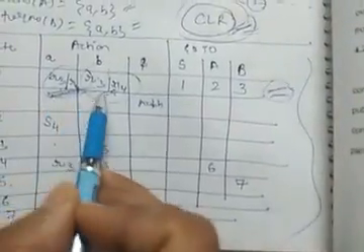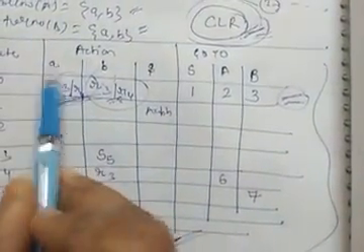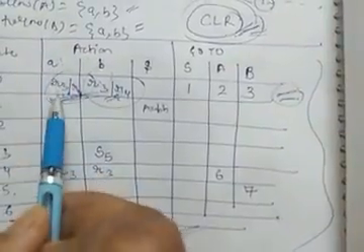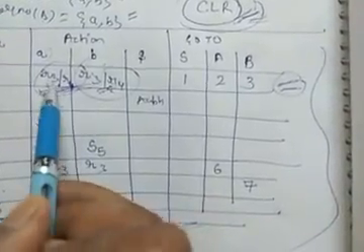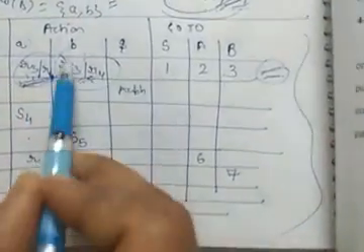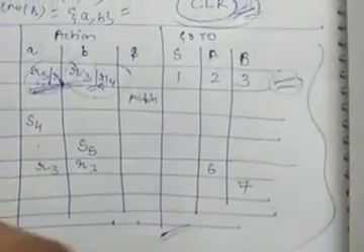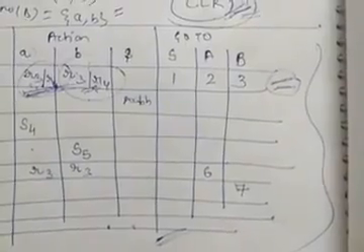After creating the parsing table, we find that it contains multiple entries: corresponding to state zero, at a terminal we see two entries, reduction by production number 3 and reduction by production 4, and correspondingly on B we also find multiple entries. So this is the disadvantage of SLR parsing, that for some grammars it may contain multiple entries.